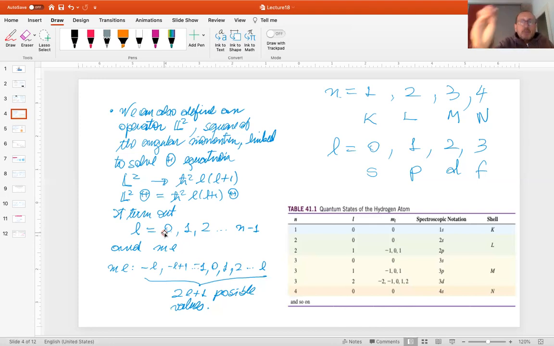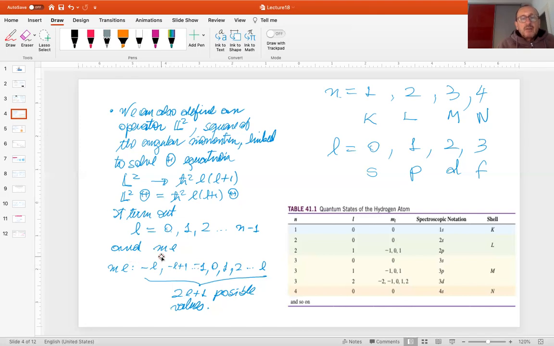So there's a probability of finding the particle in this or that space, and that somehow takes care of the fact that you can have an L equals 0 solution. Okay. These are rules that are very difficult to follow. You just take my word for it.